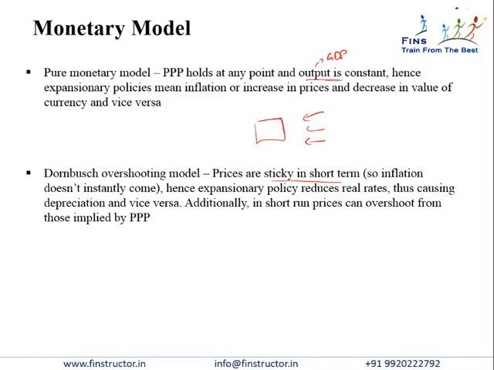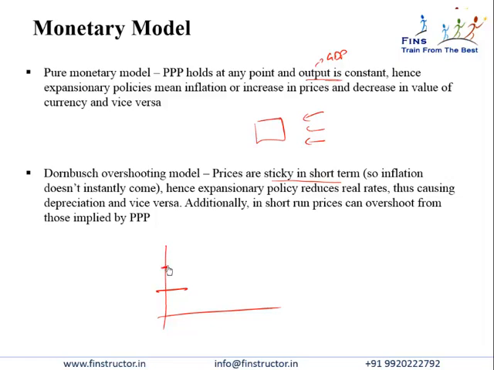It will take some time to come. As inflation comes, the currency will depreciate as given in the pure monetary model. So if this was the level of the currency, the pure monetary model says the currency will become this much tomorrow as soon as the expansionary monetary policy takes place.